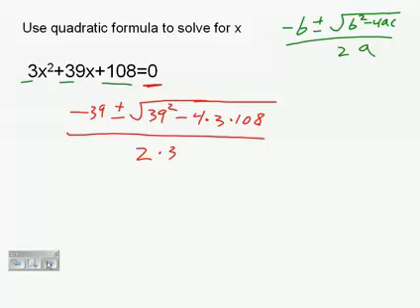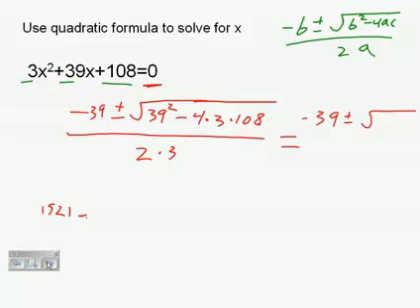All right, I have no clue what 39 squared is, so I'm going to put that into the calculator. 39 squared equals, and I'm just going to do some scratch work here, 1,521. Then I'm going to go minus.